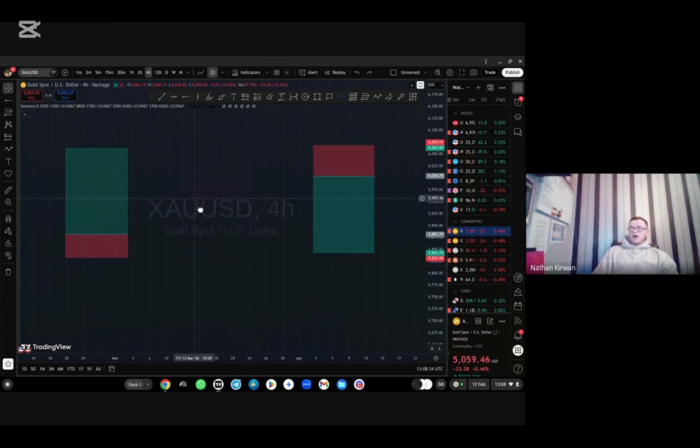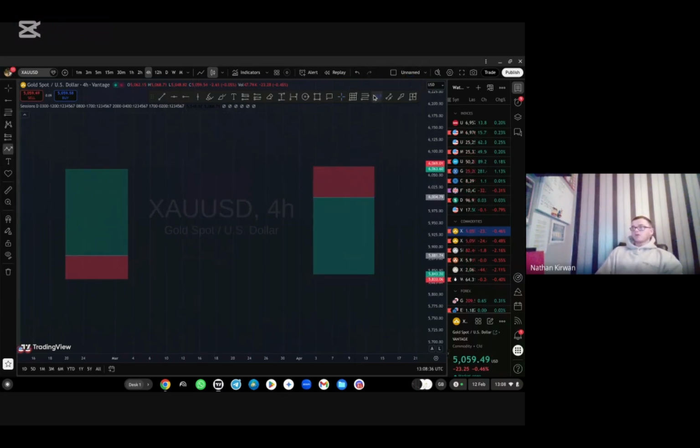Now, our limit orders are when we want price to reverse. So we think price has been coming from a high, and we want price to come in, tap down here, and then react, reverse off of this position. This is going to be your limit order.